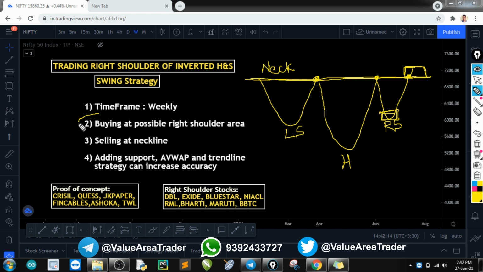As you can see at the second point here, buying at a possible right shoulder area. We never know which is the right shoulder area until the price reverses, but still this is a good probability area for profit.